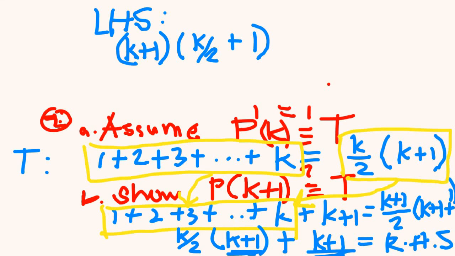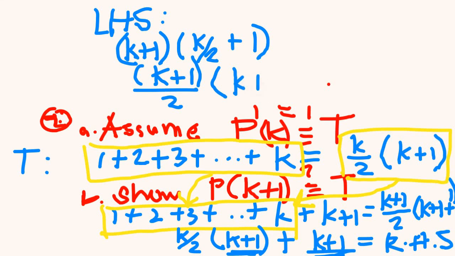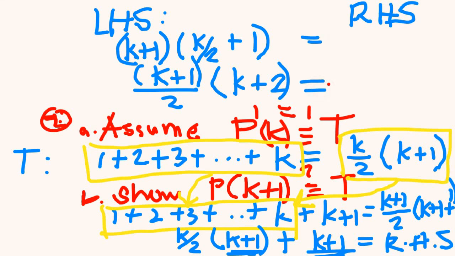If you remove the 1/2 and put it outside, we will have k plus 1 over 2 times k plus 2. This will be the right hand side, and basically they are equal.